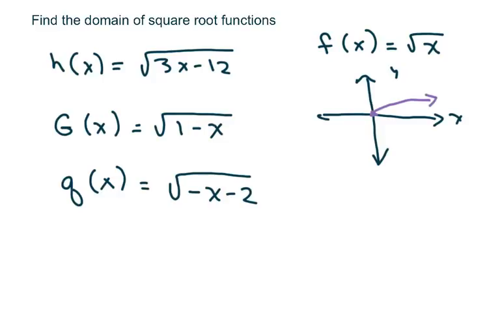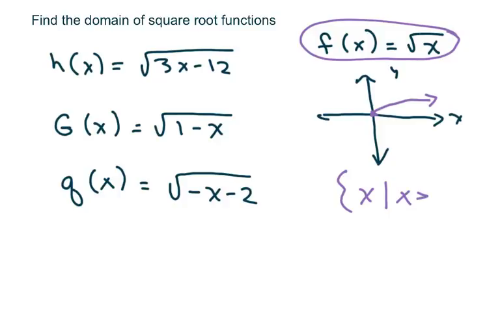We know that the domain of the parent function has to be x such that x is greater than or equal to 0. Okay? So inside here, this has to be 0 or bigger. It'll be 0, 1, 2, and it starts here, and then you graph it here. So with that in mind, we can do these three domains here.